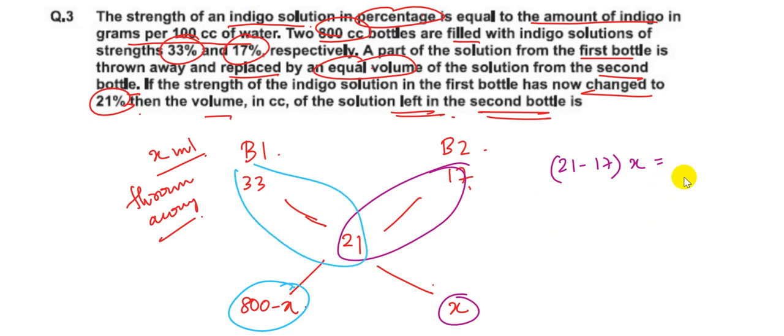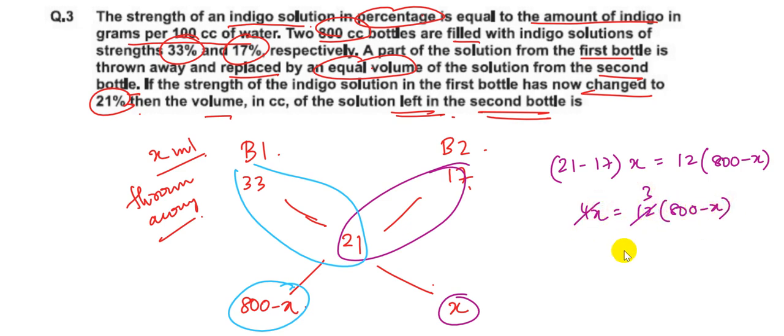So this is equal to 33 minus 21, that's 12 into 800 minus x. So 4x equals 12 into 800 minus x.